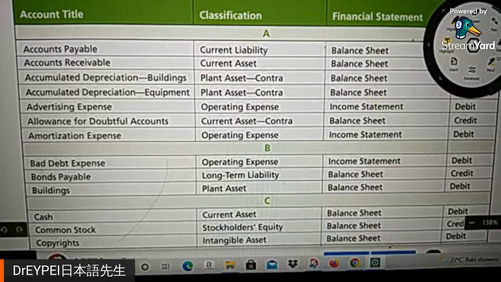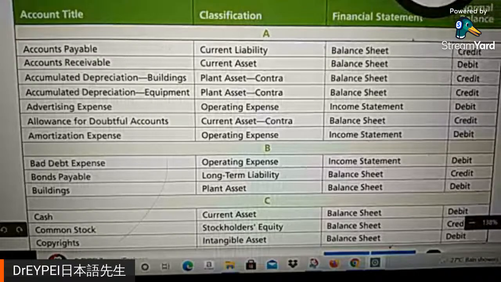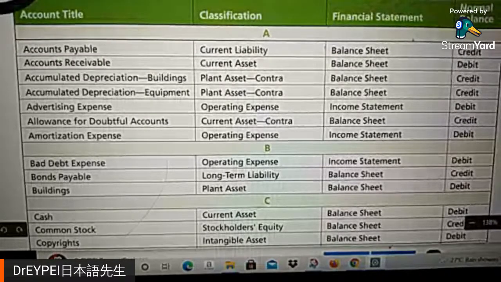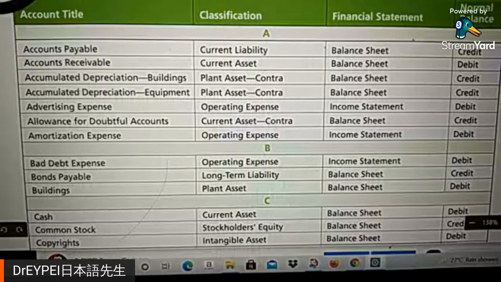So let us go to some of the common terms that we'll be using. Account classification and presentation. Because accounting is what? Accounting is the recording and communicating of transactions.